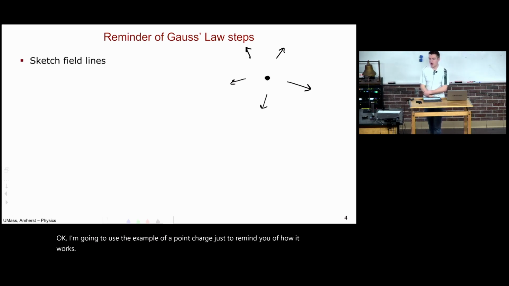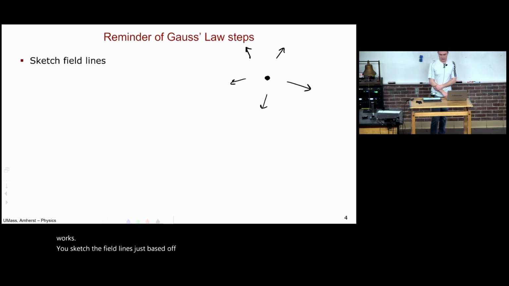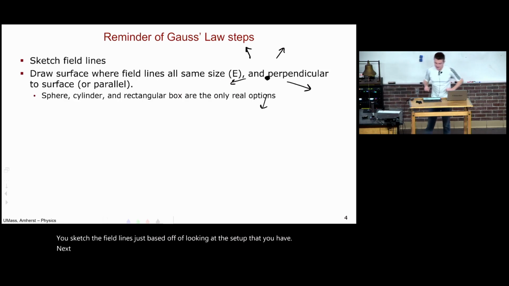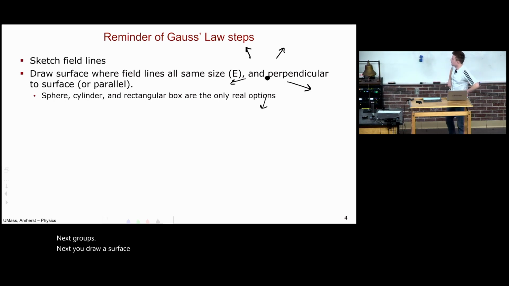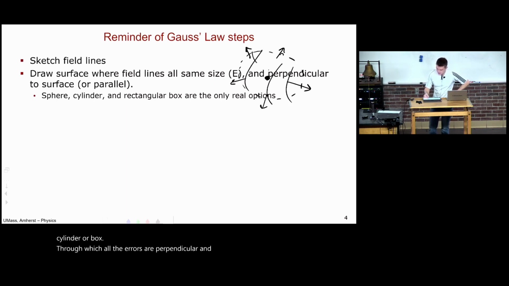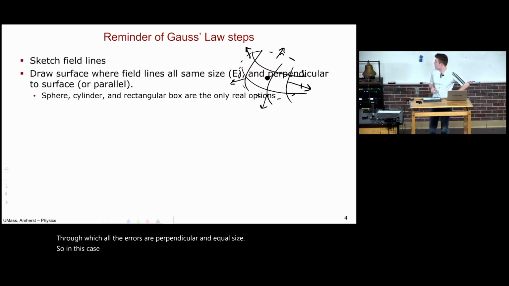You sketch the field lines just based off of looking at the setup that you have. Next, you draw a surface, which you only really have 3 options, sphere, cylinder, or box, through which all the arrows are perpendicular and equal size. So in this case, I'm doing a spherical shell.